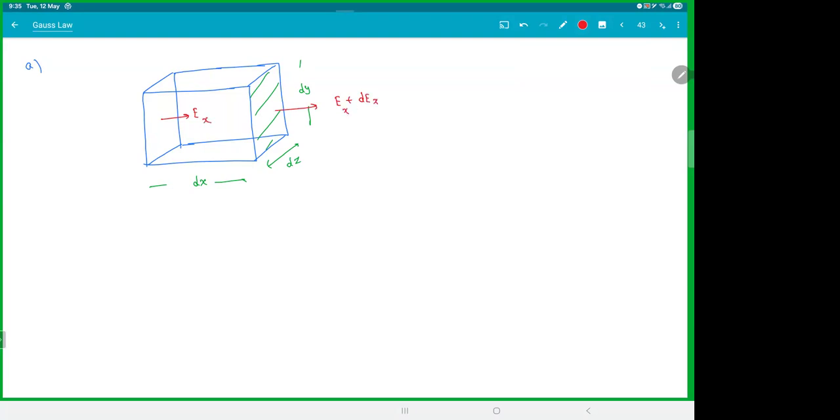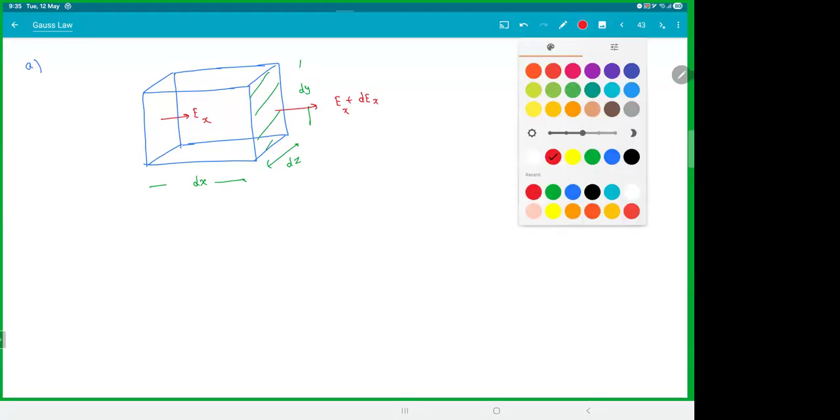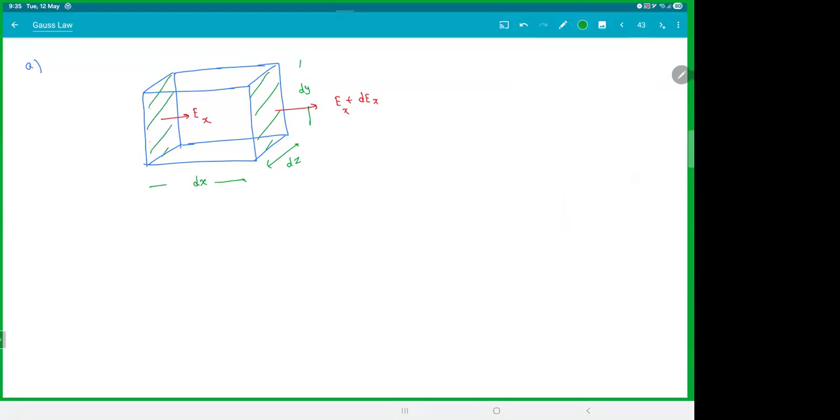So that means the field in the X direction will create a flux on this area. Here the area term will be dy and dz. Is that making sense? For the horizontal direction, y and z are perpendicular. Therefore, the flux due to Ex, so we are taking each component, will be Ex plus dEx.